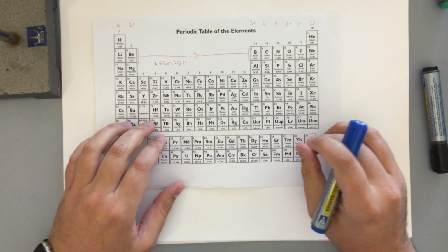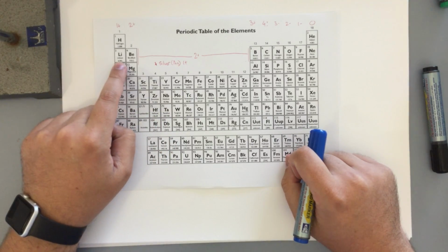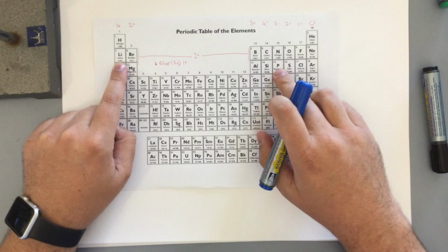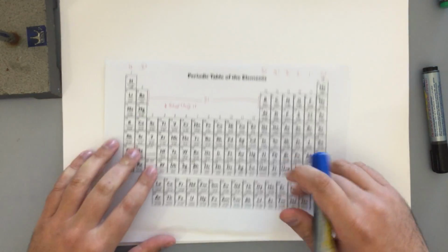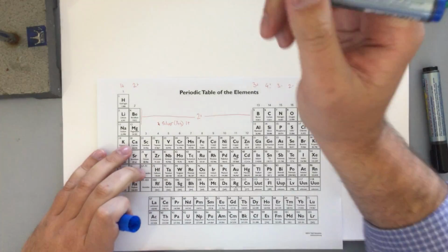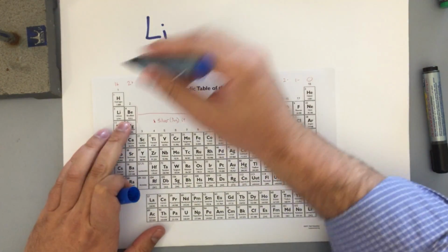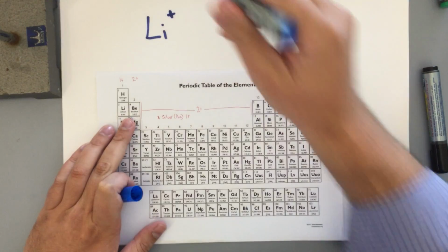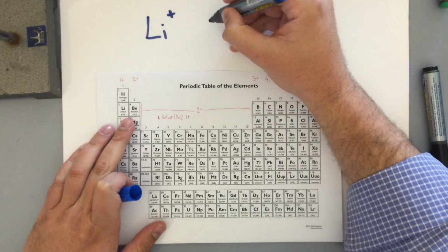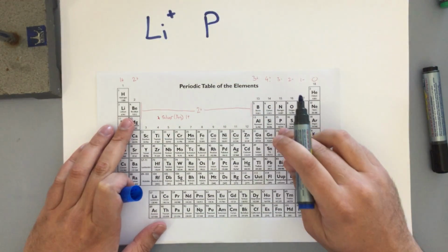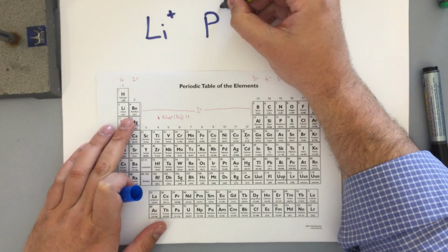This time let's look at lithium phosphate, or phosphide I should say, lithium phosphide. So Li, it's a 1 plus. Phosphorus is a 3 minus.